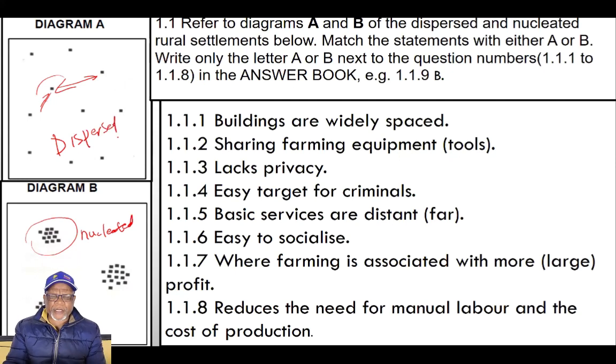Now let's quickly look at the questions that we have here. Again, what you should know is the advantages of staying in the dispersed settlement and the advantages of staying in the nucleated settlement. It is very important that your understanding must also be of whether the advantages are social or economic.